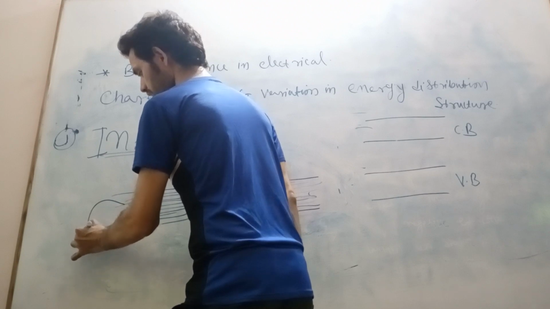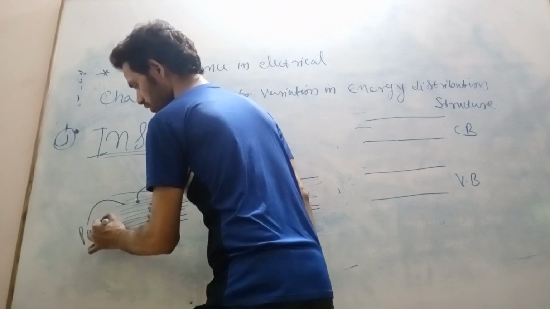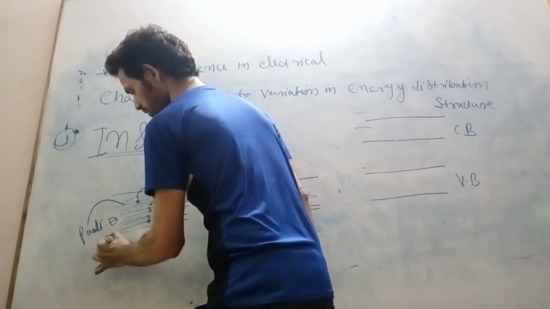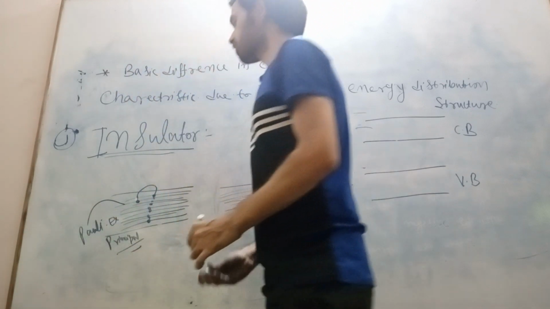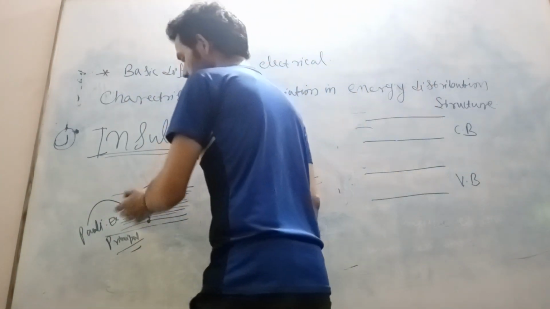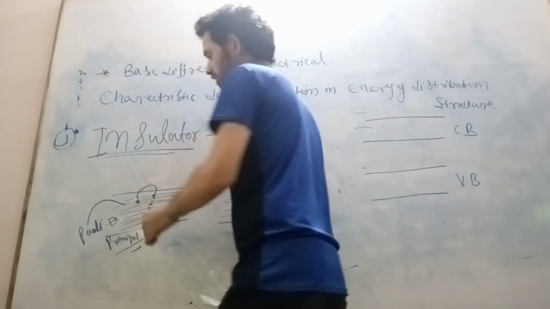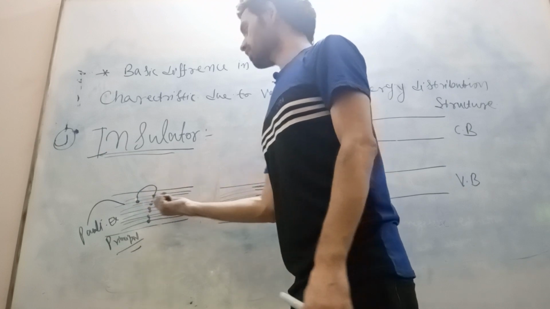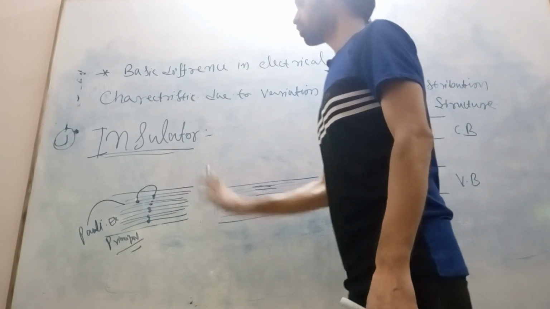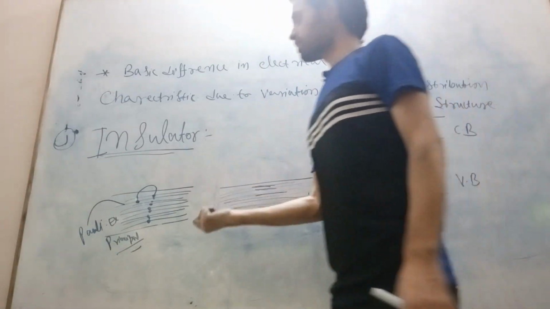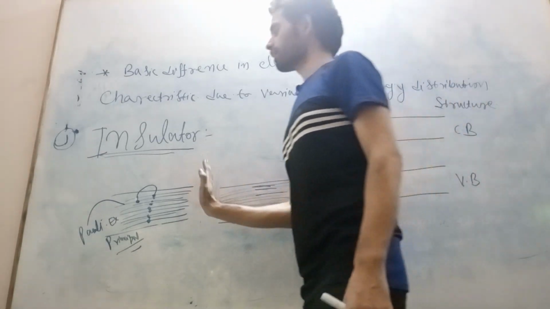If it comes and sits in another discrete energy state, there exist two electrons, which again violates the Pauli exclusion principle. Therefore there does not exist any free particle to move.